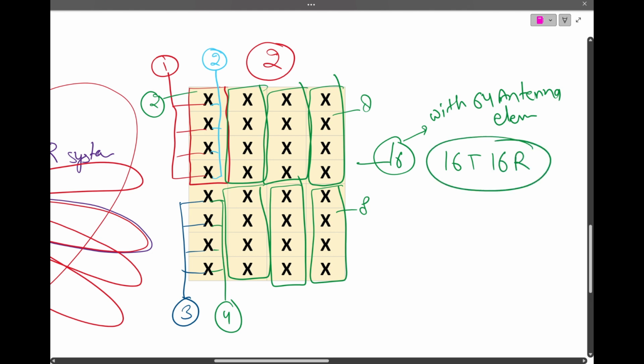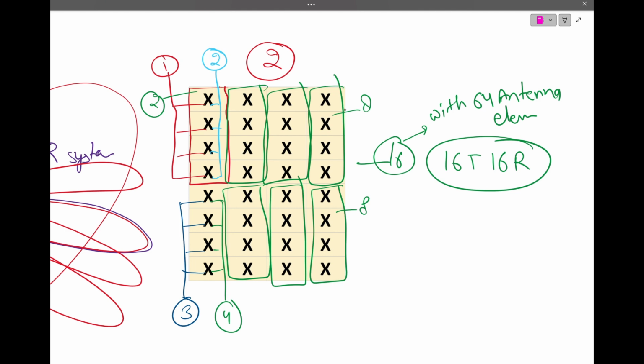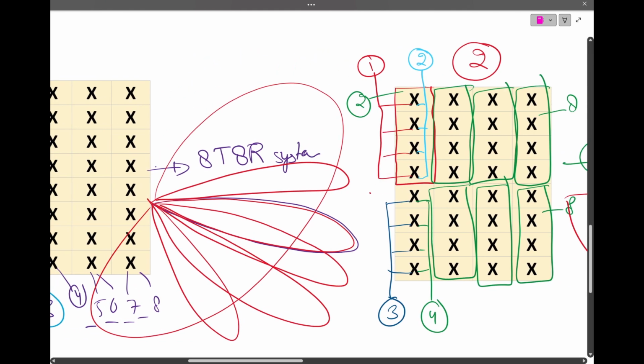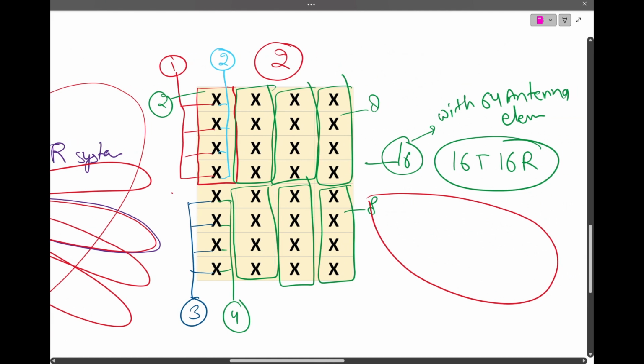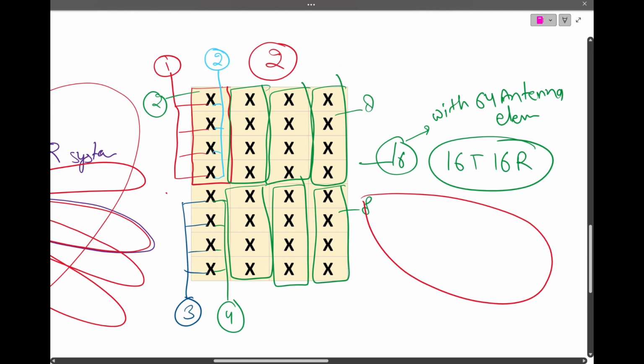In this case, how will the beam be formed? Since the antennas are still placed vertically, there will be a vertical beam comparatively wider than the previous one, because in the previous case we had 8 vertical antennas. In this case we have 4 vertical antennas, so the beam will be comparatively wider.